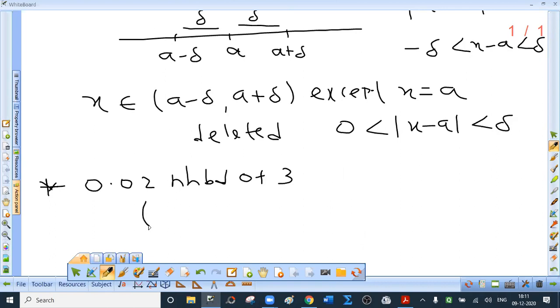Yes, it is an open interval a minus delta, so 2.98, and a plus delta, 3.02. This is nothing but the 0.02 neighborhood of 3. And what is the deleted neighborhood in this case? I can say that x is a real number, x belongs to this particular interval, x not equal to 3. I hope you have understood this.